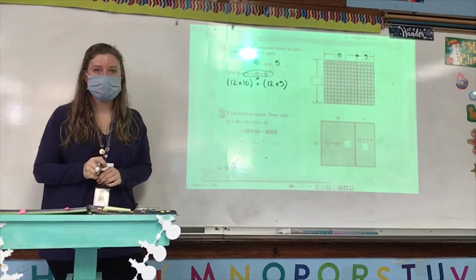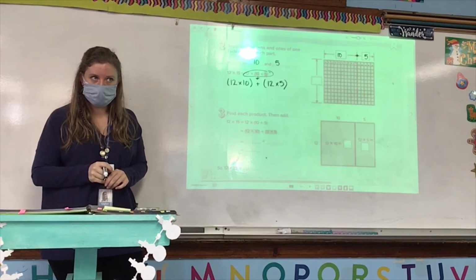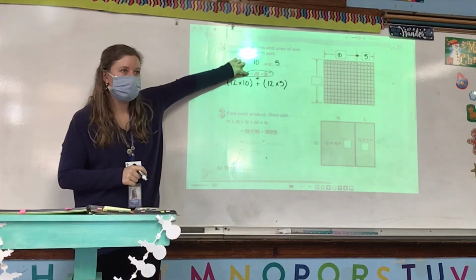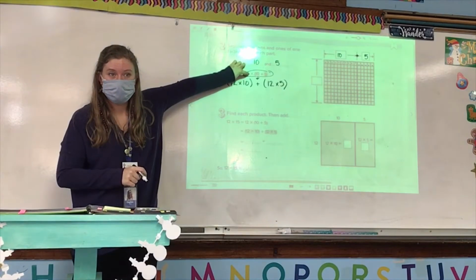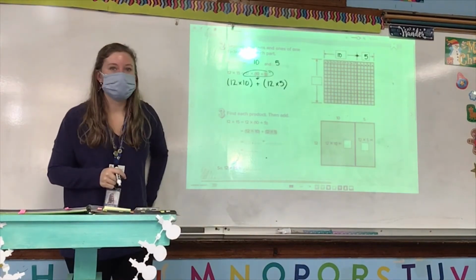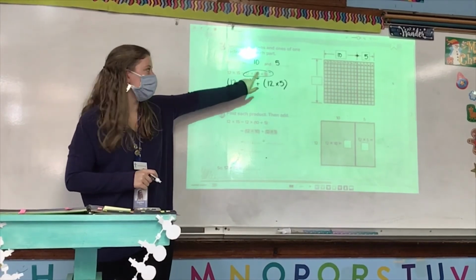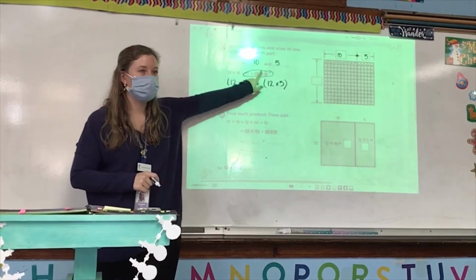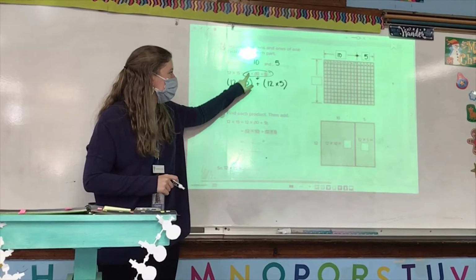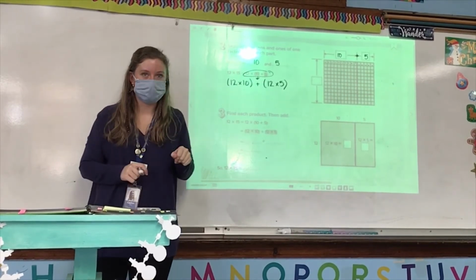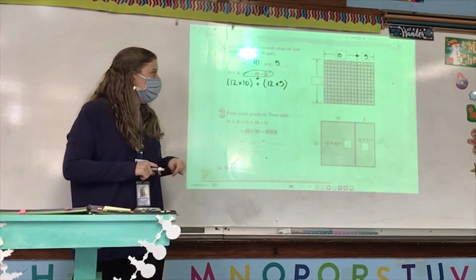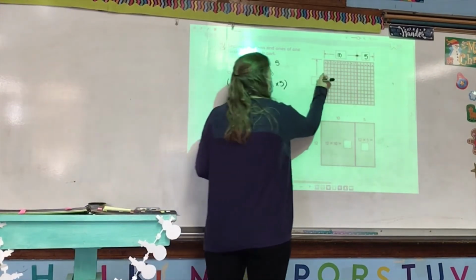They mean the same thing, okay? I know this looks weird because we haven't really seen it this way before, but it means the same exact thing. Because when you have 12 in front of parentheses, it means you have to do 12 times 10 and 12 times 5. So we leave 12 at the side.